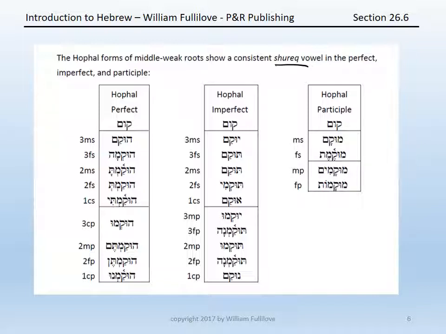And then for the participle, we have mukam, mukam, mukemet, mukamim, mukamot. You'll notice that you have a pretty strong and clear tip-off that in any of the hofal forms of a hollow root, you have the shureq preceding the root letter. This will typically make the identification of hofal middle weaks a relatively easy endeavor.